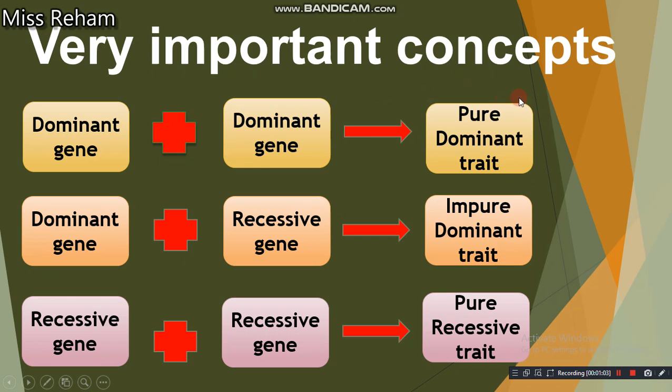So a pure dominant trait is a trait that appears from aggregation between two dominant genes.